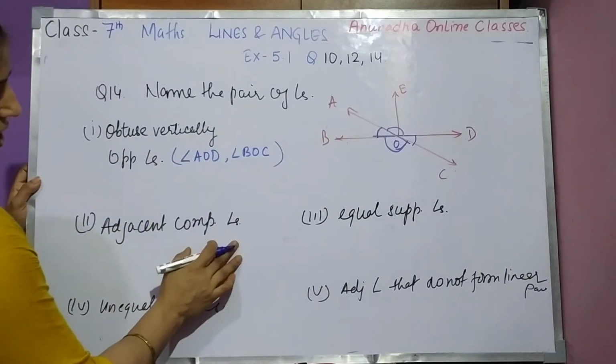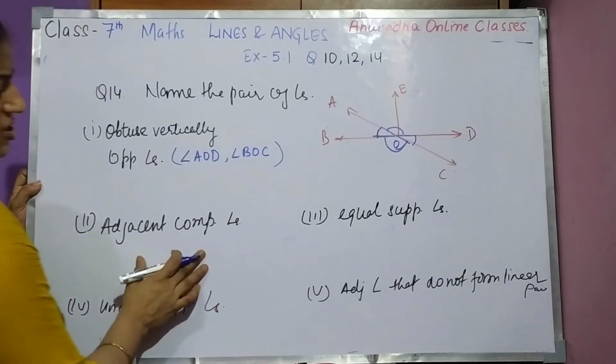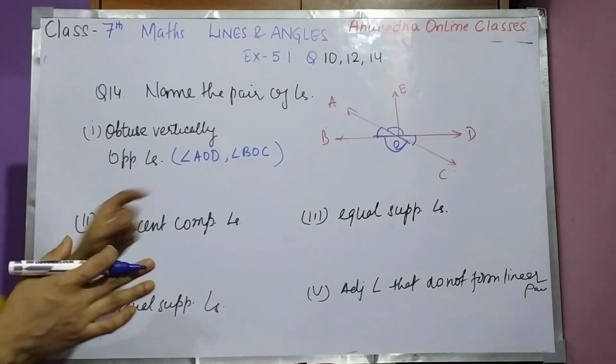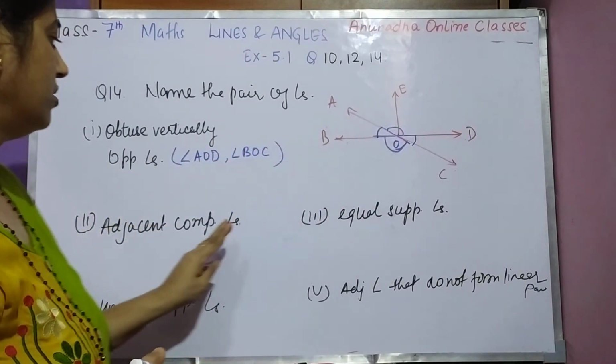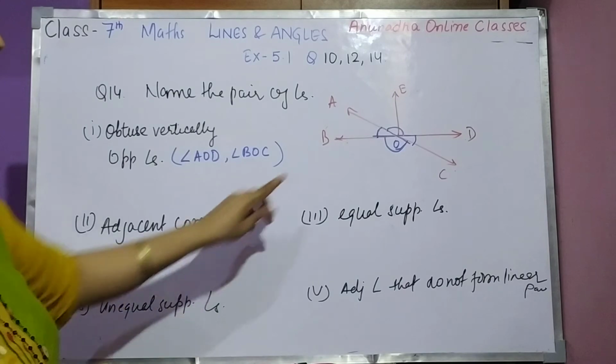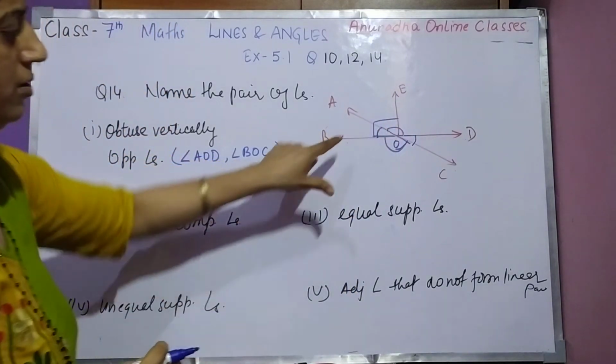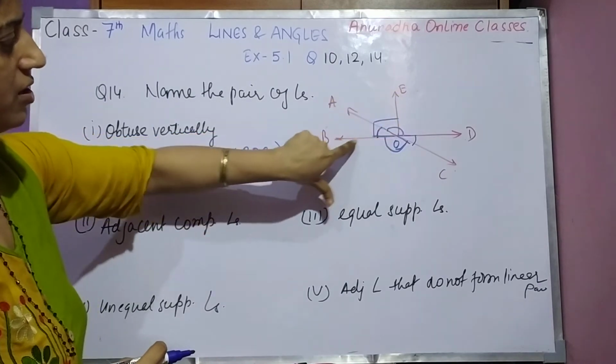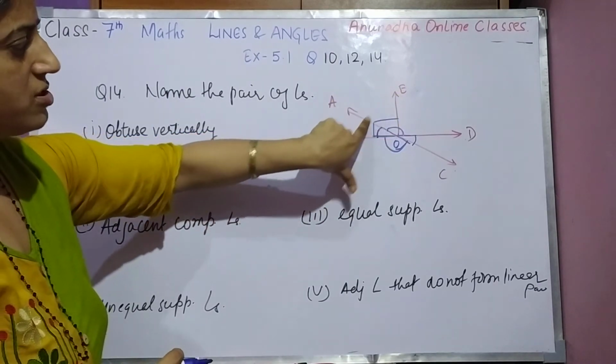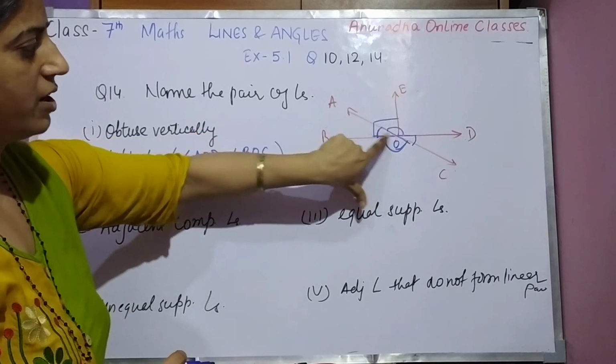Next is adjacent complementary angles. Now adjacent and complementary angle. Adjacent, I told you, and that must be complementary angle. So this one figure we are getting, this is complementary, 90 degree. The sum of this and this is equal to 90 degree.